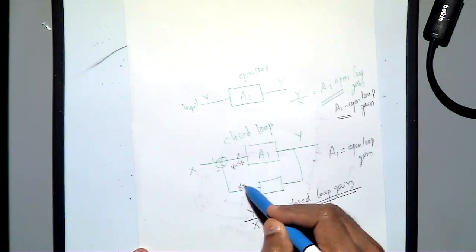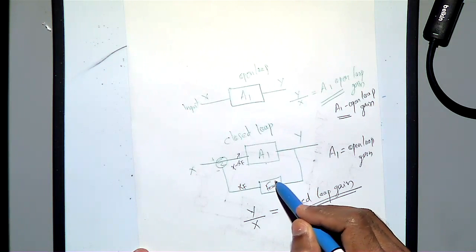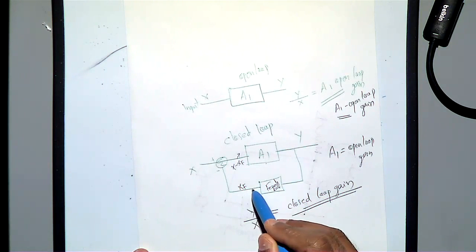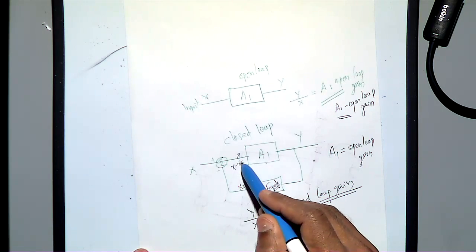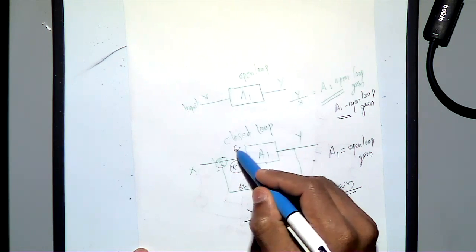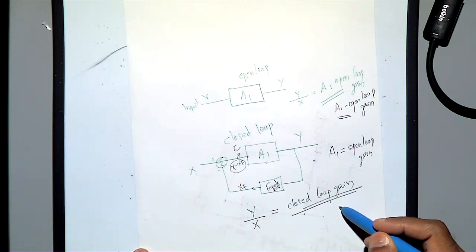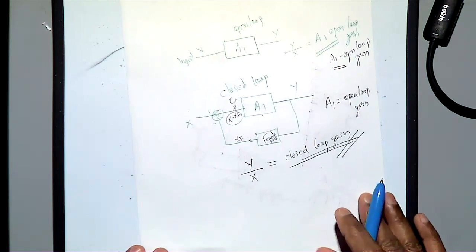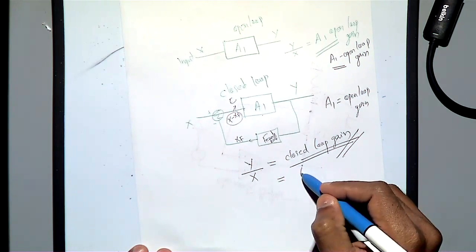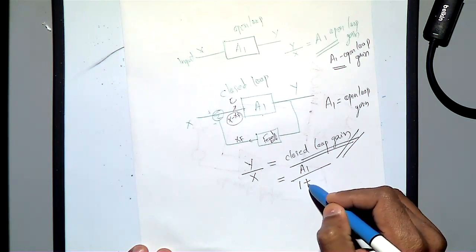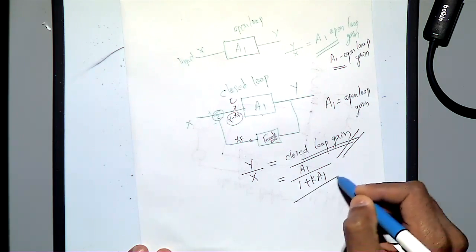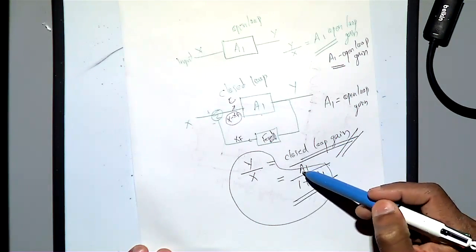If XF is the signal coming from the feedback network, then X minus XF is your error signal going to the input of the amplifier. So Y by X is called the closed loop gain. We already derived an expression, which is A1 by 1 plus K into A1. So we got an expression for closed loop gain in terms of open loop gain.